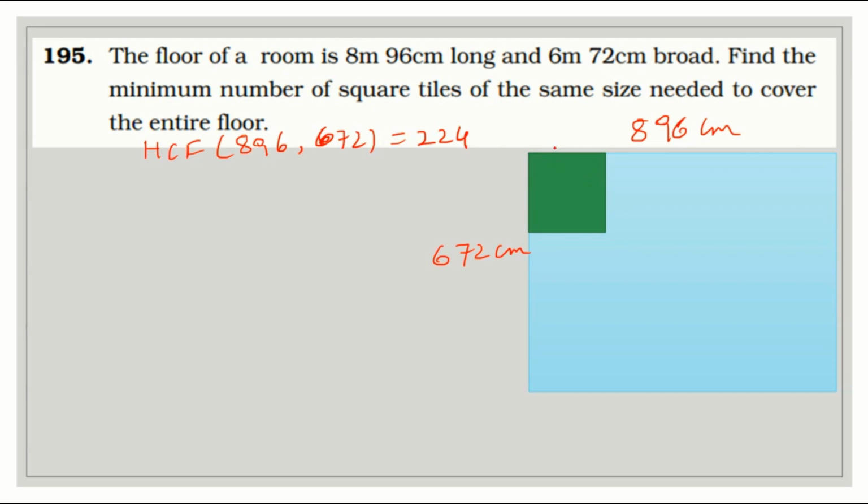That means this tile is 224 centimeter in the side, where all these sides are equal.